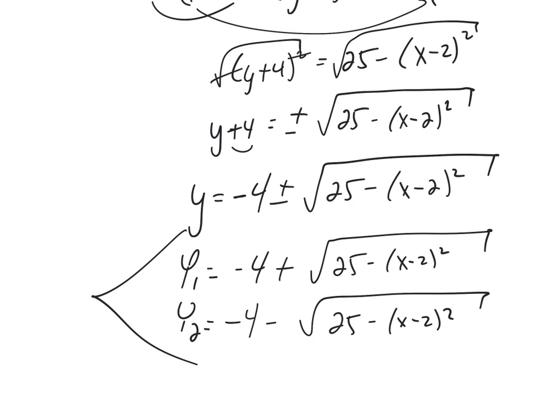And then negative 4 minus the square root of 25 minus x minus 2 squared. And I think I have that okay. So let's see, I've entered them. I'll turn on my camera here so that hopefully you guys can see it a little bit. So there's the equations. And then when I hit the graph button, let's see if I've done it correctly or not.